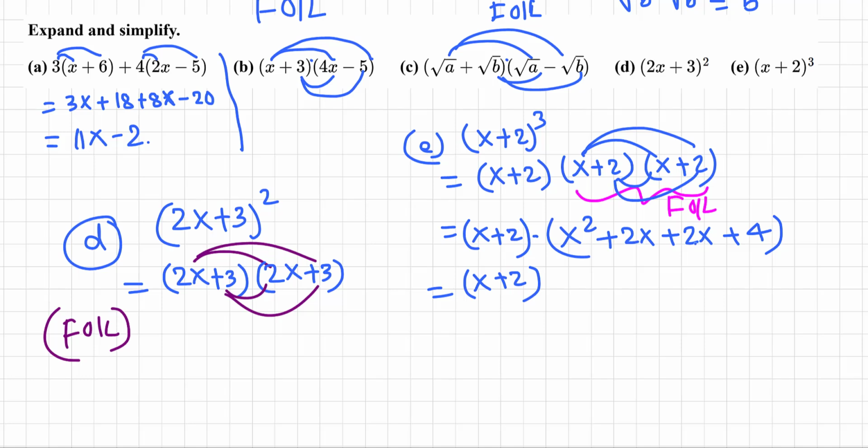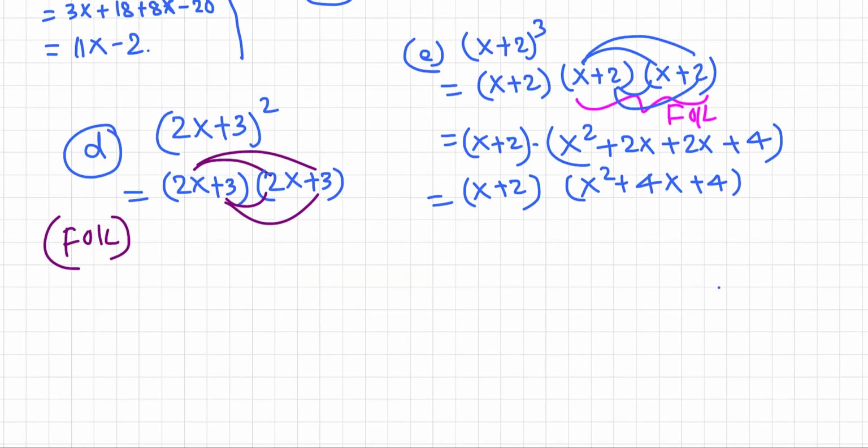The middle two terms are the same, so 2x plus 2x, 2 copies of something plus 2 copies of the same thing, is 4x. So x squared plus 4x plus 4. Now we still need to multiply, but FOIL is for 2 binomials. Binomials means factors with 2 terms, but we have 3 terms here. You can do the same type of work, but we just don't call it FOIL.